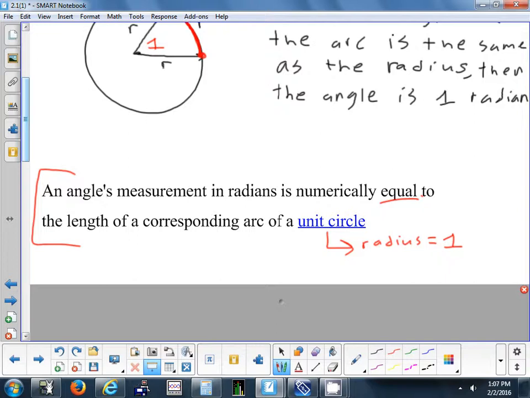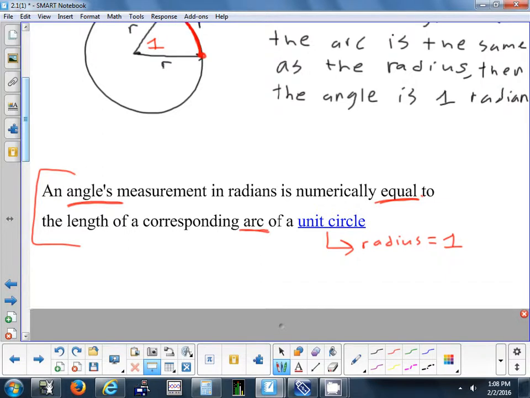So what that means is, if we can figure out the size of an arc, we automatically know the size of the angle, because they're the same. And that's what's going to help us figure something out, because we already know something about the size of an arc on a circle. So I want to think of an arc that's so big it takes up the entire circle.